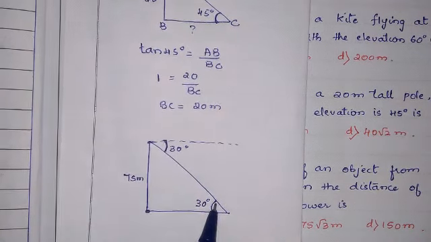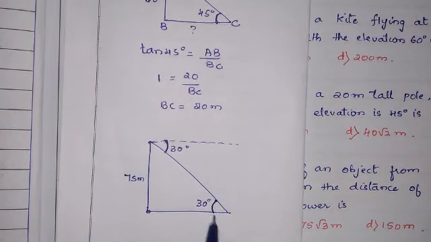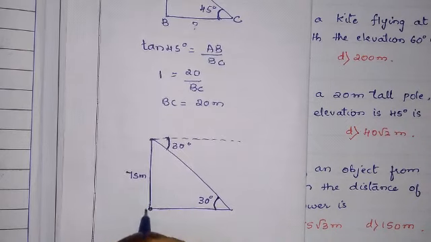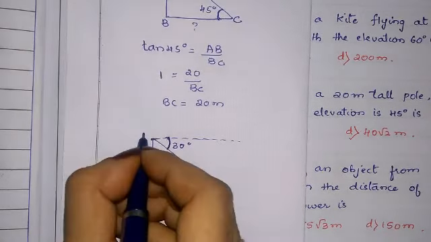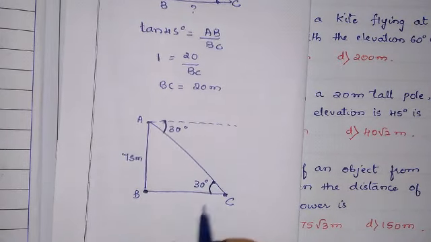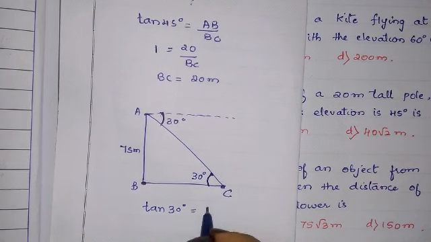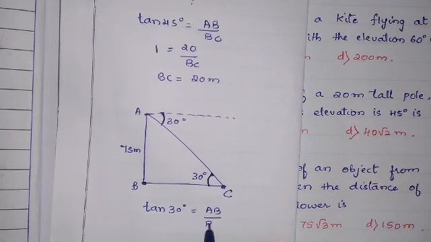Because alternate angles are equal. Now we need to find this distance. We'll write A, B, C. Tan 30 degree is equal to AB upon BC.